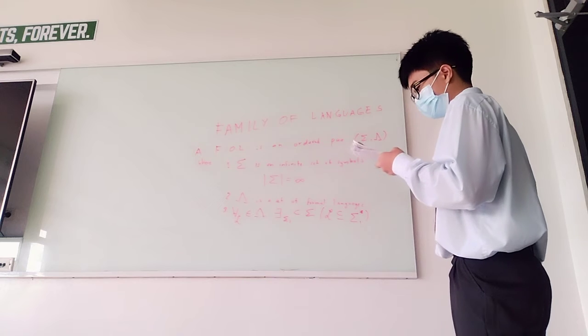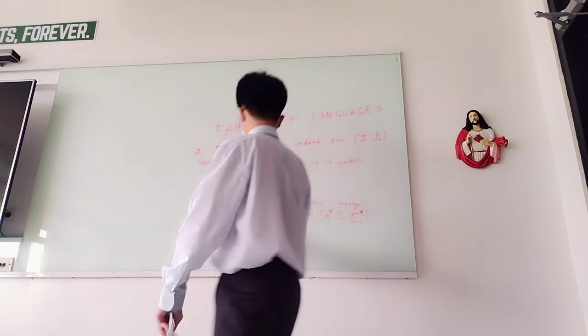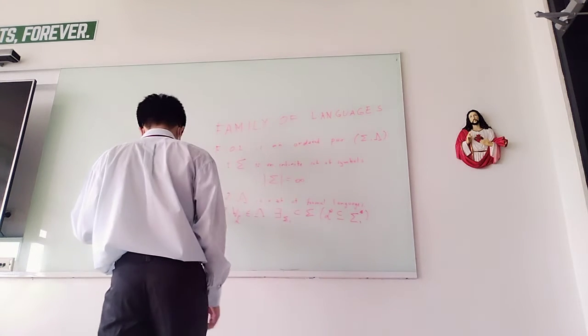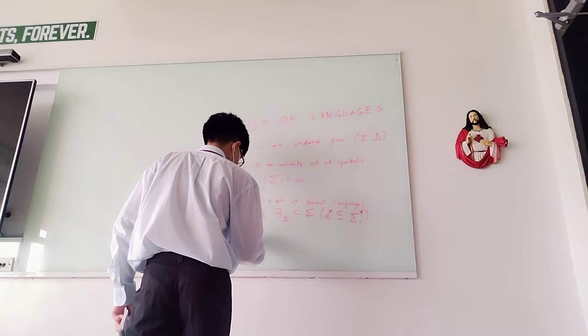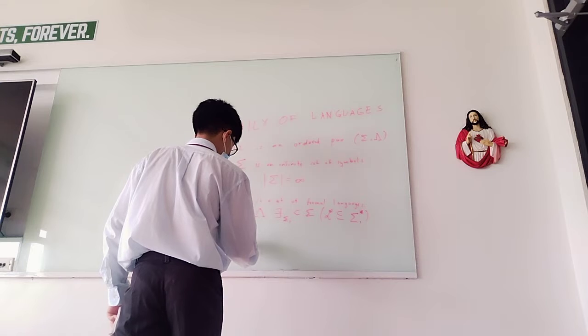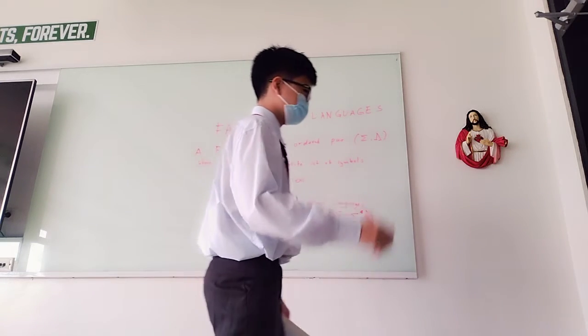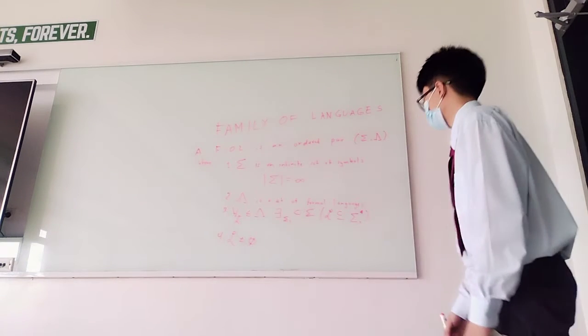Okay. And then there's a fourth one, it's just a simple definition. So L is non-empty for some L in capital alpha. Majority of sets are not empty. If a set is empty, it's immediately boring because the empty set is just nothing.